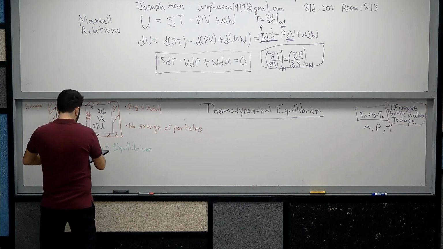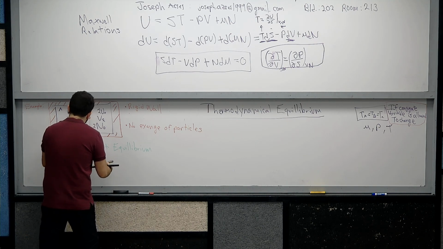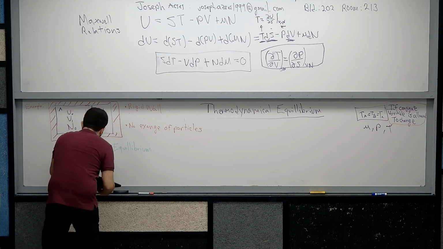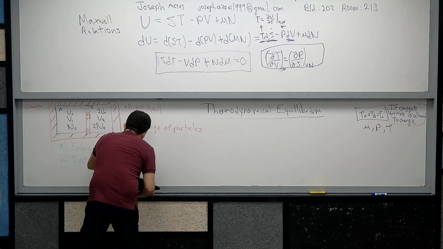B is how, when we say that system 2, the system B, let's say, transfers heat.